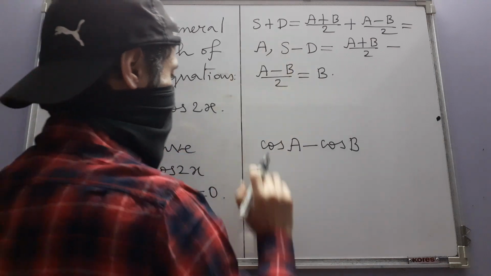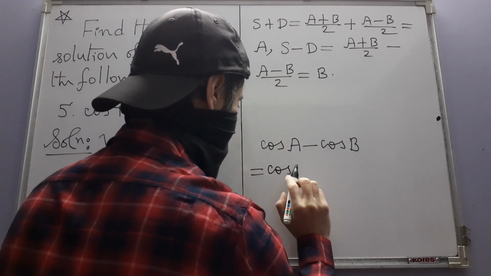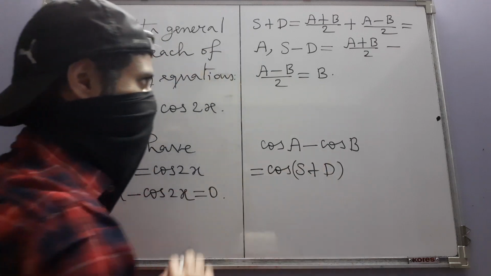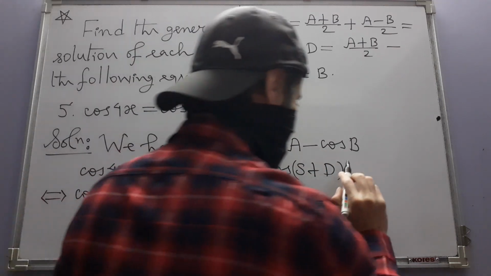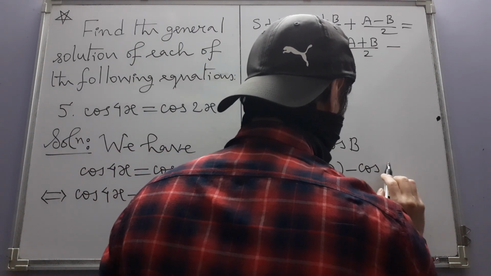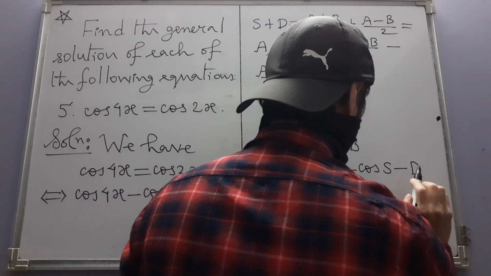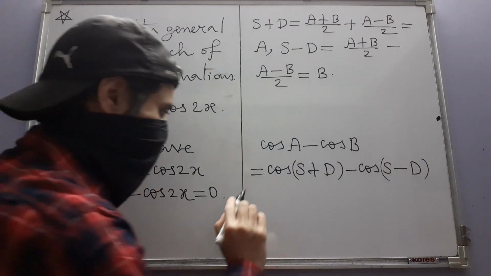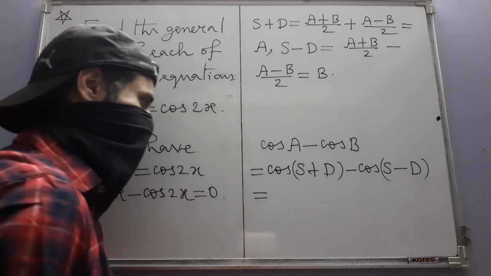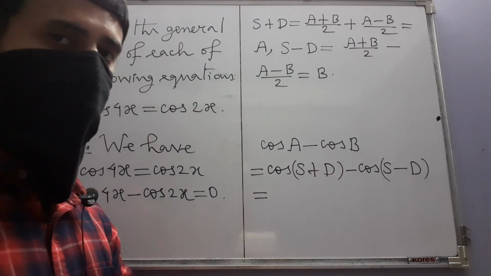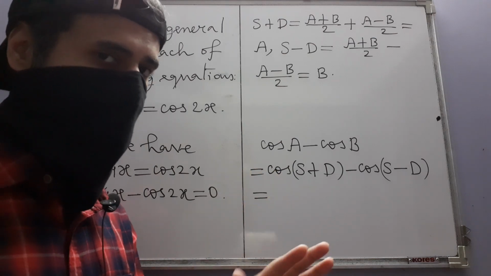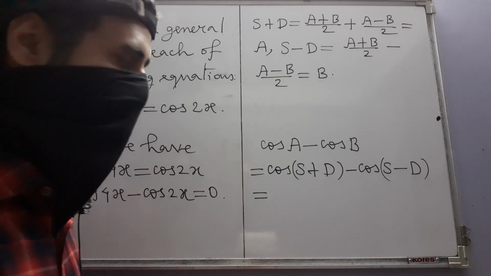In place of A, I write S plus D, and in place of B, I write S minus D. Alright. Now I apply the ordinary cosine angle sum formula. That, however, we have to remember. We do have to remember at least something.